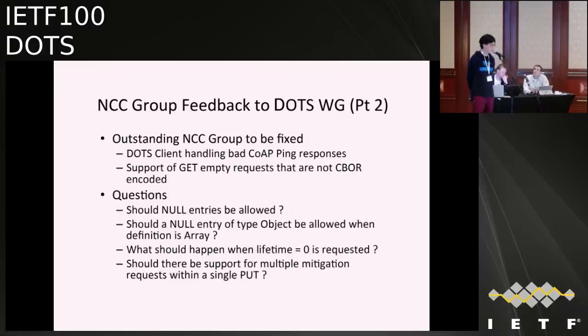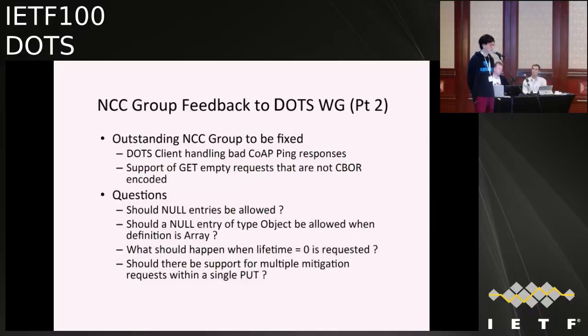And the third question is very important. Should there be support for multiple mitigation requests within a single PUT? In the signal channel draft, the mitigation request is an array, so in this specification multiple mitigation requests can be valid.